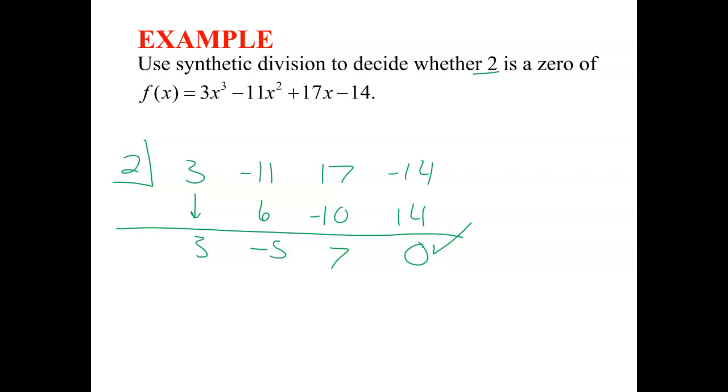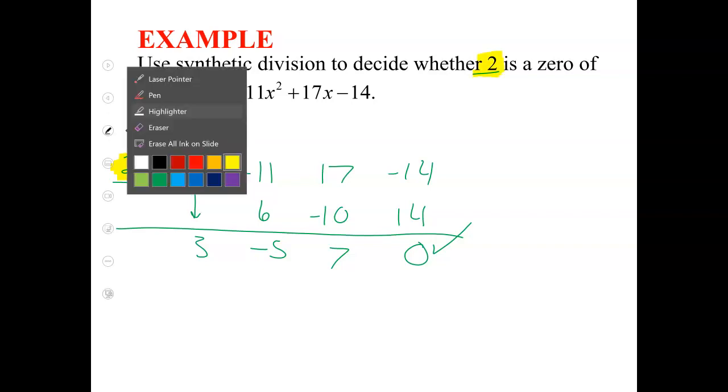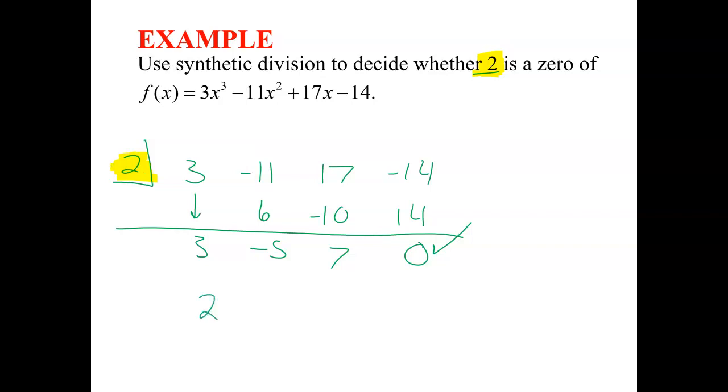So that means this value is a 0 of my polynomial. So 2 is a 0, also known as a solution. We're going to expand on this more on Wednesday with why that's important. But 2 is a 0, or a solution, to that polynomial.